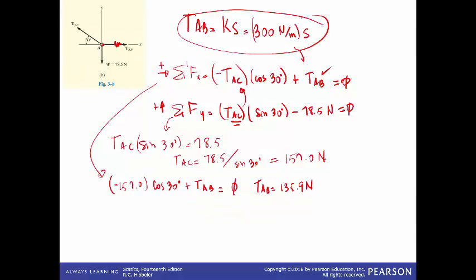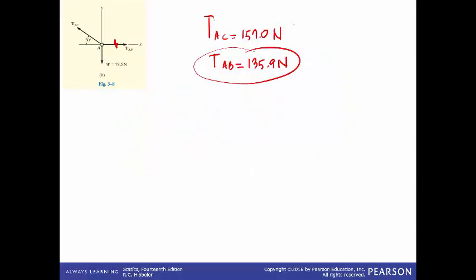Okay? So this here is what I told you, like this expression here. TAB is going to be equal to K times S, and K, we said it was 300 newtons per meter, times the stretch, and equals 135.9 newtons. So then this gives me the stretch, which is equal to 0.453 meters.